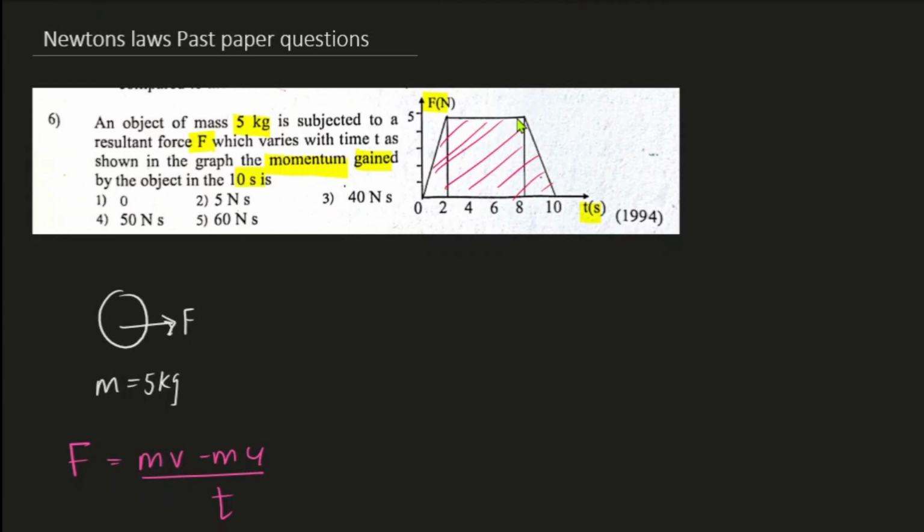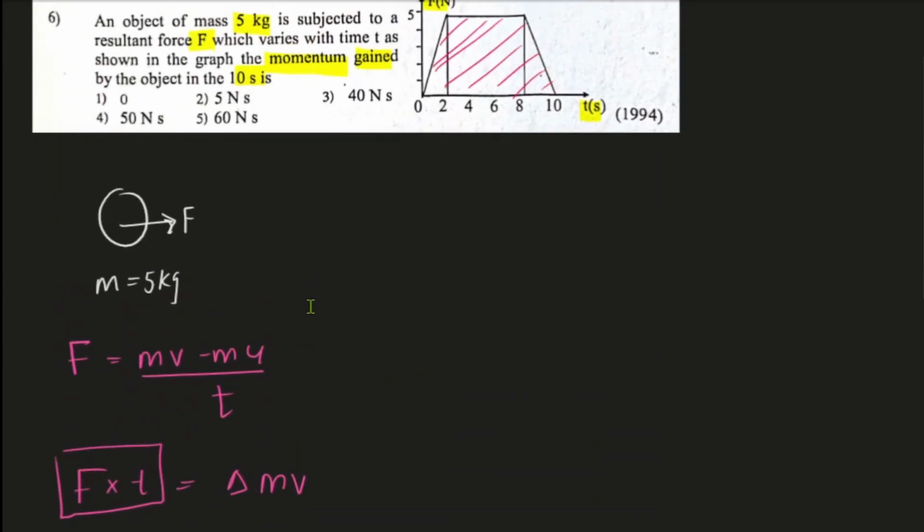If you take the area under this curve, obviously it gives us the F into t part. This is actually a trapezium. How do we find the area of a trapezium? Half into the perpendicular height, which is 5, times the sum of the parallel sides.